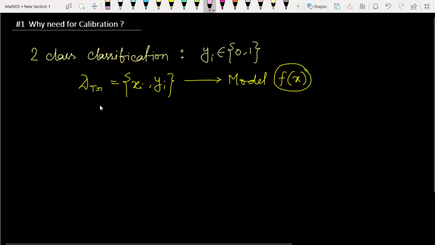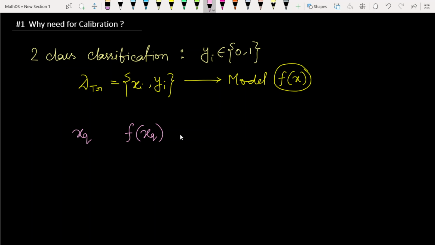Now the question is, after training the model, we need to find what will be the output for a query point. Suppose for a query point xq, we apply this query point onto the model, f of xq, and we get some output yq.